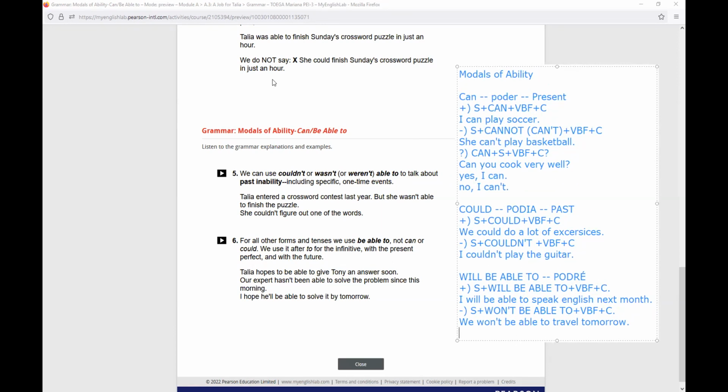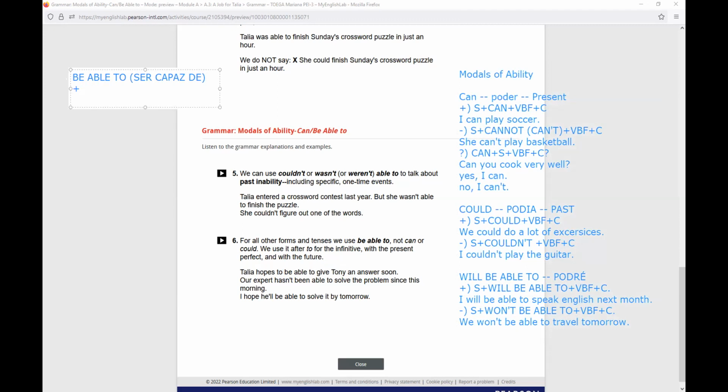And we have another way to say abilities. This is only be able to. This be able to is going to work with affirmatives and negatives. Be able to means ser capaz de.